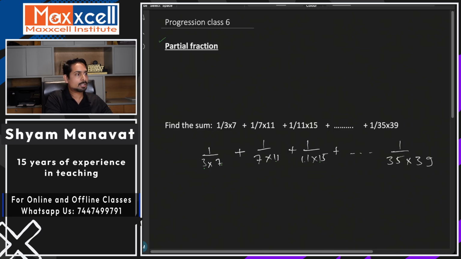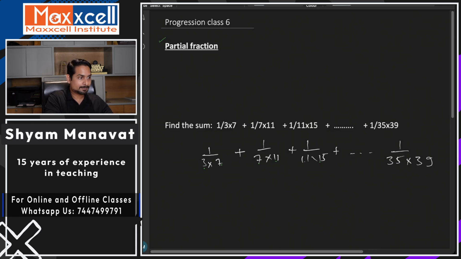From 3 to 7 there is a difference of plus 4, then 7 to 11 plus 4, and then 11 to 15 plus 4. That's how it is increasing. The difference is plus 4. It's not AP, it's not GP, it's a special case.